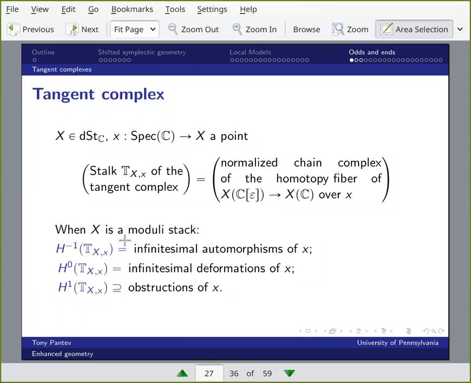So if X was parameterizing some geometric objects, or algebraic objects, or analytic objects, or physical objects, then the tangent complex has terms in various degrees. Its degree -1 cohomology is just the automorphisms of the object that the point represents.